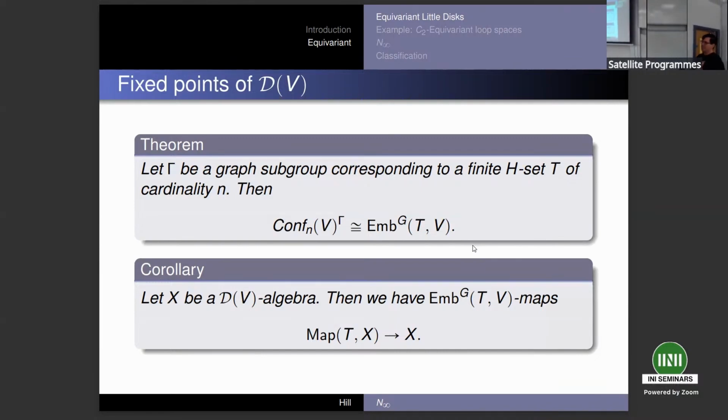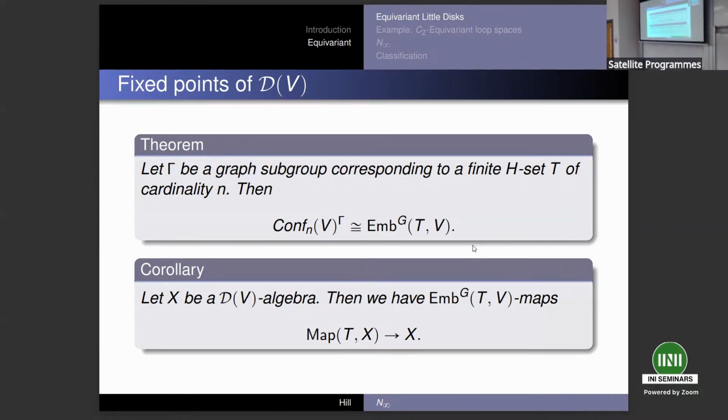But this really is, it's not a difficult observation, but it's a really key one. The various fixed points that show up as I'm doing this exactly correspond to embedding not a set with a trivial action in, but a set with a particular H action. And the kinds of sets that show up correspond to which ones this has fixed points for or not.